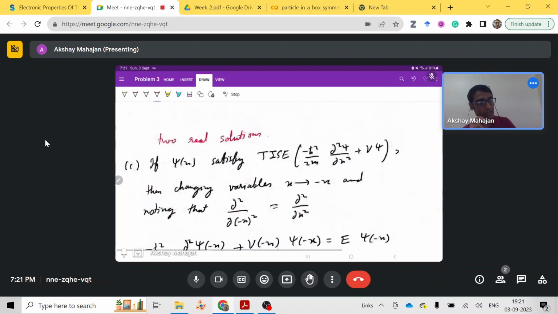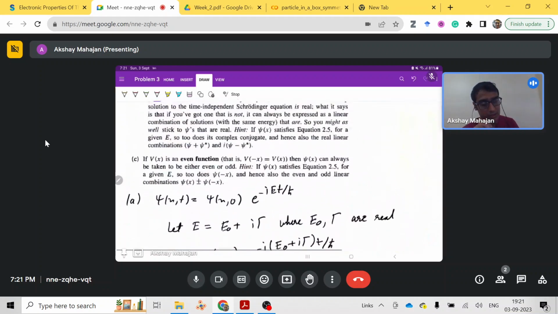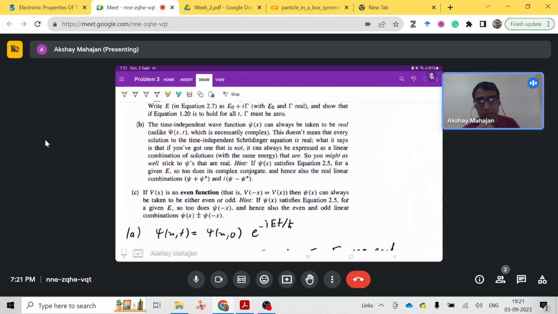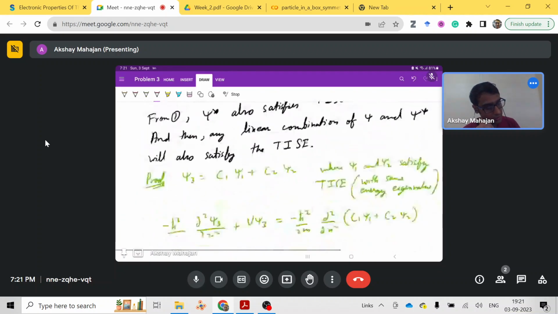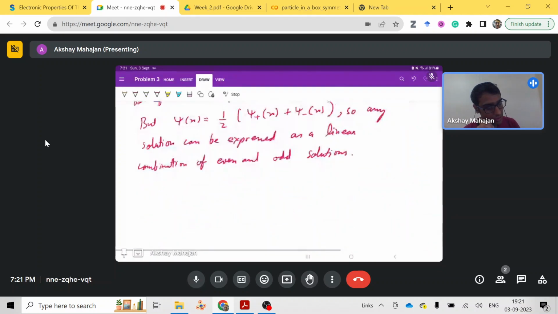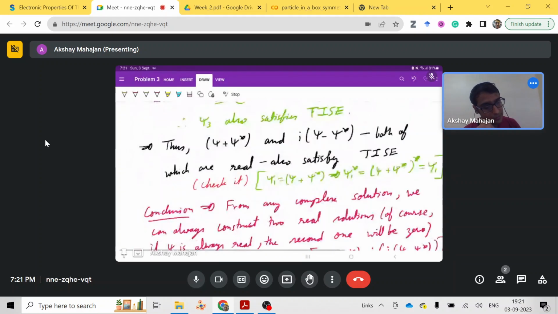So that's why, if our V(x) is symmetric, the solution psi will be either even or odd, because we can always get these linear combinations.